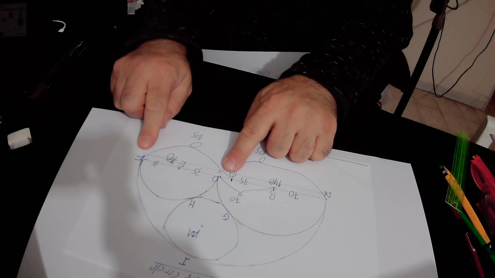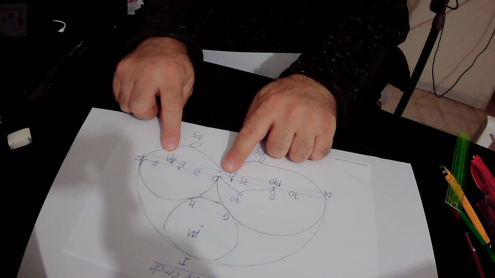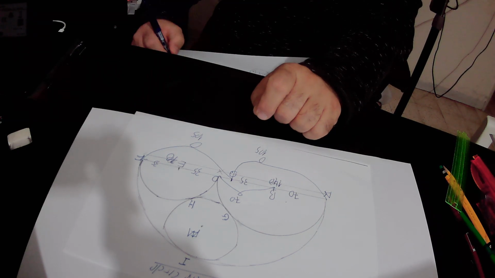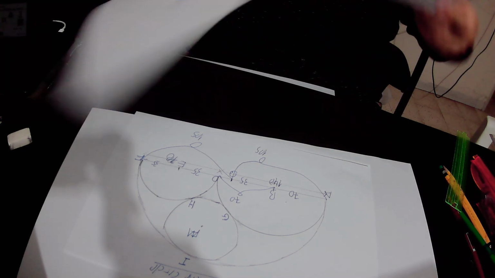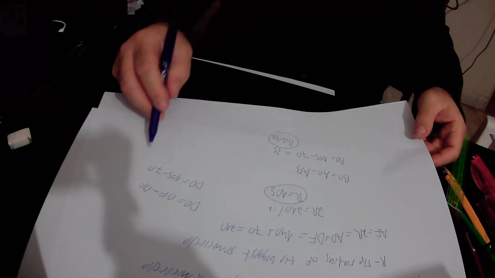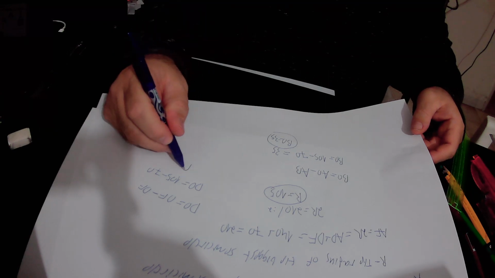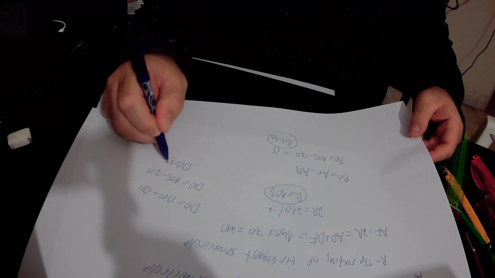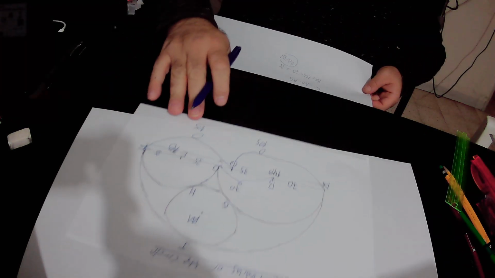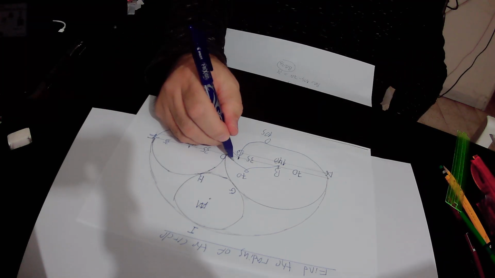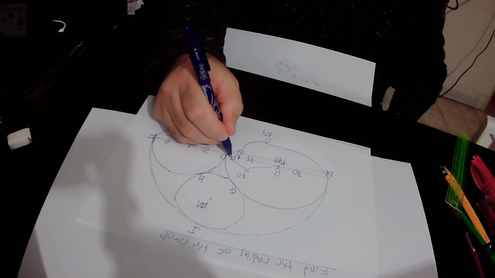It is given in the question that DF equals 70 units, so we substitute DF by 70. In conclusion, DO equals 105 minus 70, that is 35 units. Here we can write down that DO equals 35 units.